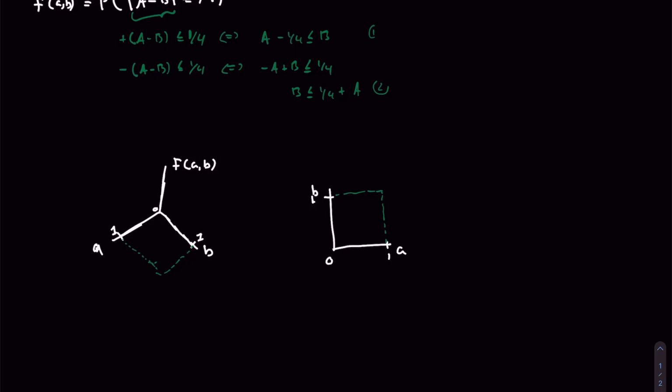Here we can draw this. If A is equal to 0, what is B then? It would be minus 1/4, which is obviously outside of the probability domain, but this will help us figure out when it crosses. So this is 1/4 here, and whenever B is 0, obviously A is 1/4.